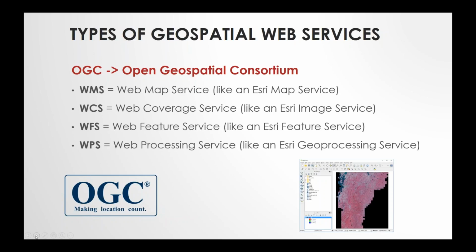And lastly, you have the Web Processing Service, which is in many ways similar to the Esri Geoprocessing Service. So it's important to understand that not only do we have different protocols such as SOAP and REST, but we have different proprietary or open source methods to communicate between the client that's making the request and the service that's crafting a response.